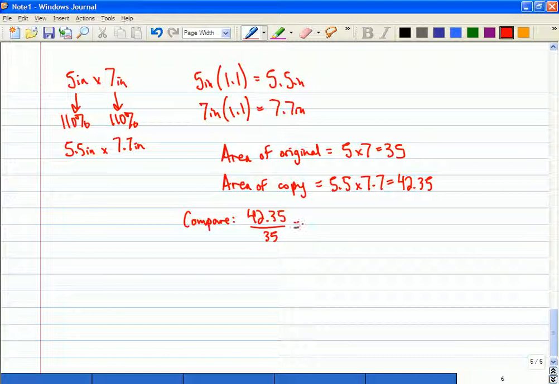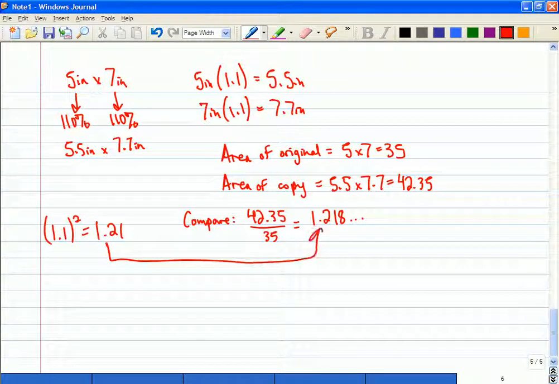I get 1.218 repeating. And if I was to look at the area, if it's 110% and I squared it, I'd get that 1.21 that I'm seeing over here.